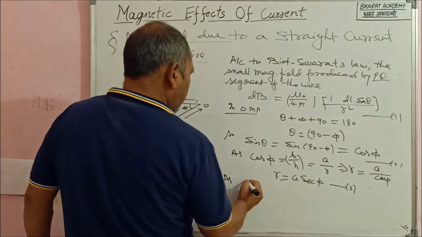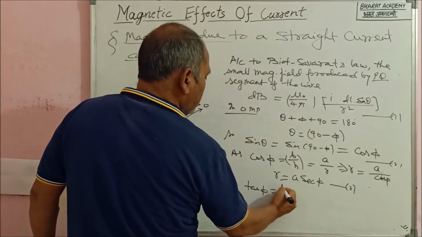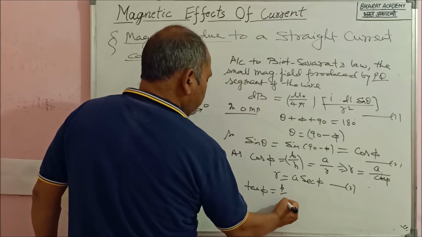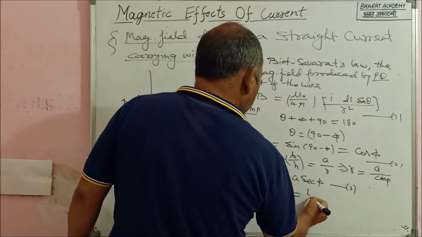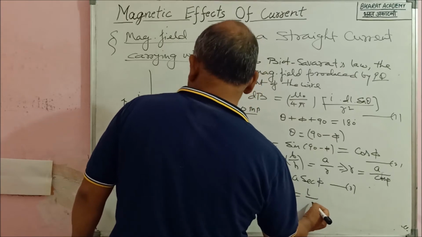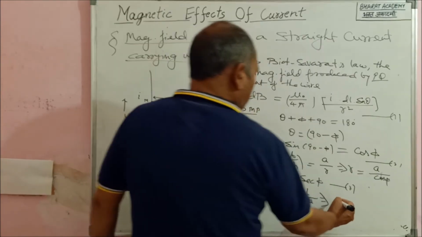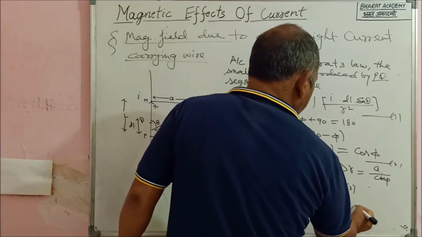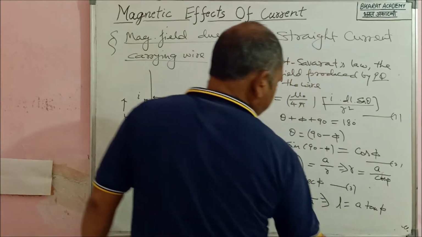As tan phi is perpendicular by base. Perpendicular we are having L and base is how much? A. So I can write down L equal to A tan phi.